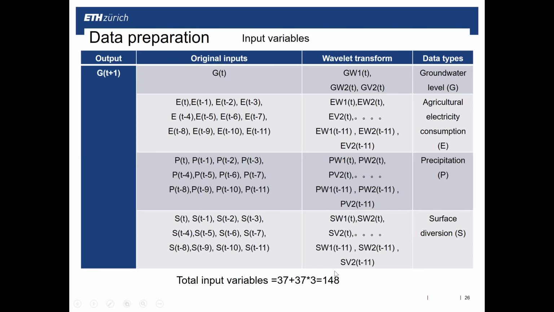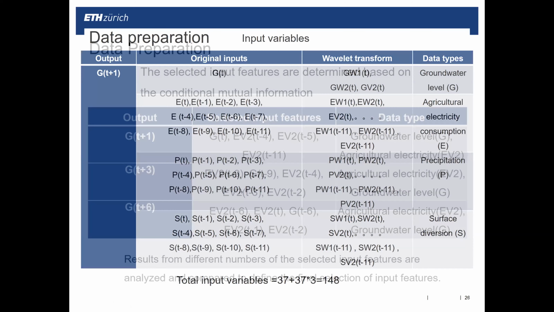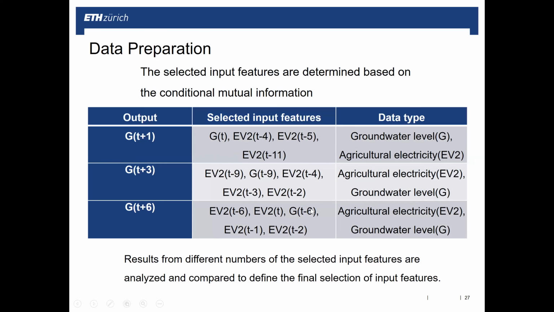After applying conditional mutual information, we get the final selected input features for the groundwater level forecast at the different lead times. If we forecast the groundwater level at time t plus 1, we only choose 4 features, and the most important one is the groundwater level, followed by the electricity data.